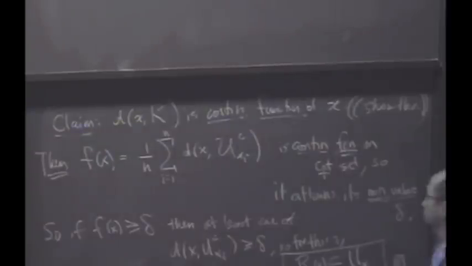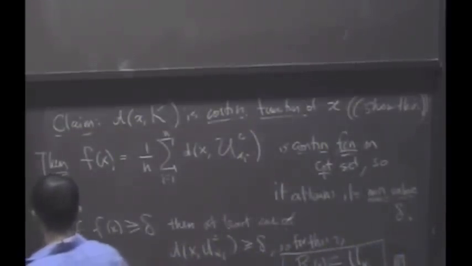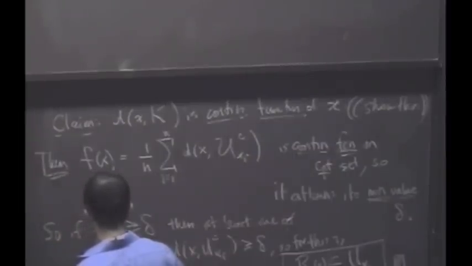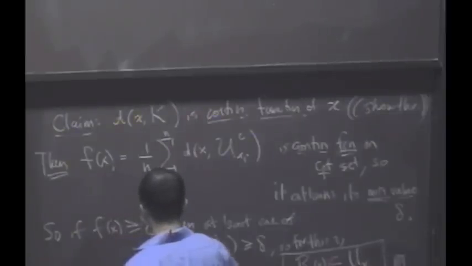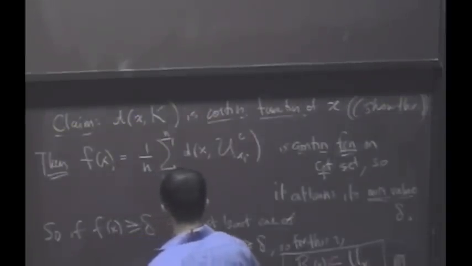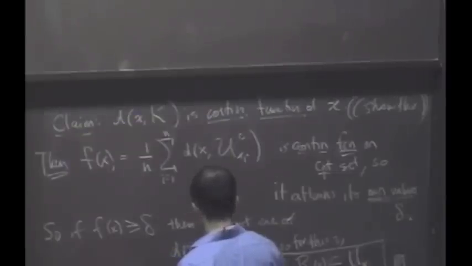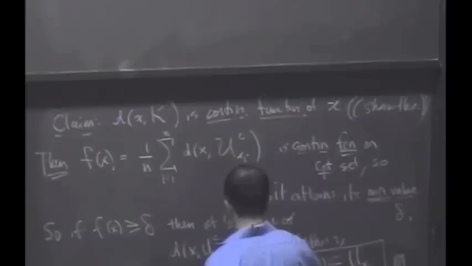Notice delta is bigger than 0 because f of x is strictly bigger than 0 at each x, since the u sub alpha i are a cover.